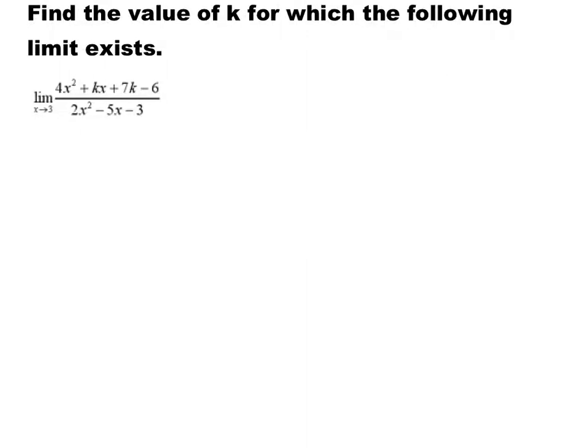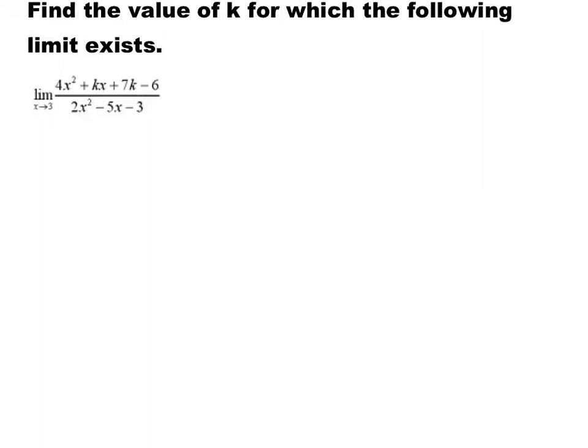The next question says, find the value of k for which the following limit exists, and if the limit exists, find the limit. Since I'm dealing with a fraction, I'm going to factor the denominator first. The numerator is 4x squared plus kx plus 7k minus 6.